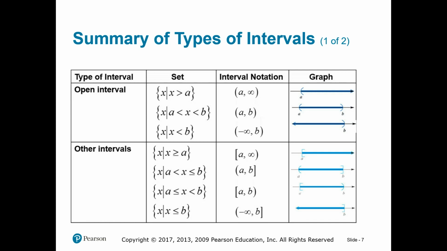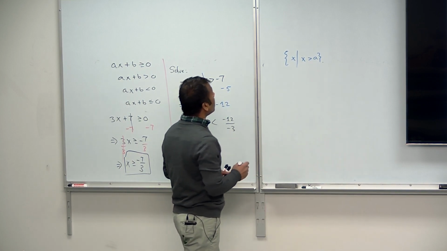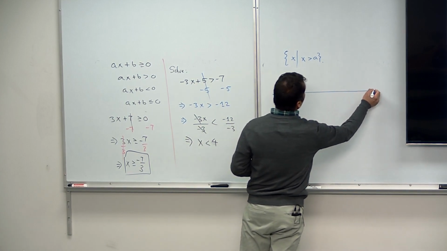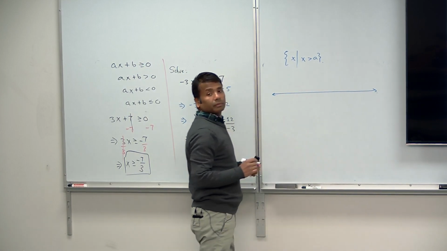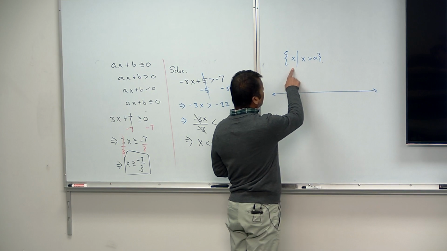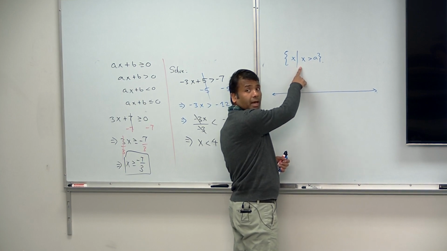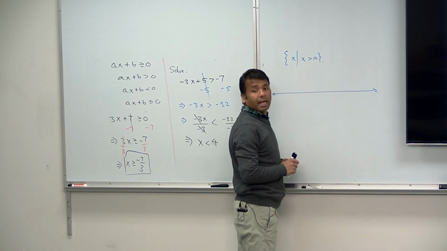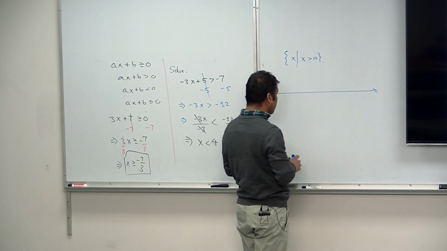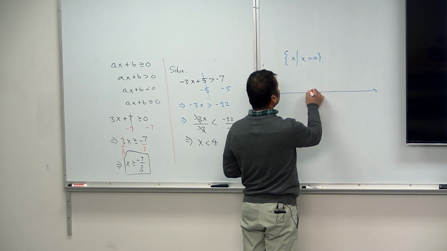This is the set builder notation: the set of all x such that x is greater than a. And for the interval notation, you guys know the number line. So you have a number a somewhere here. Let's say your a is right here.